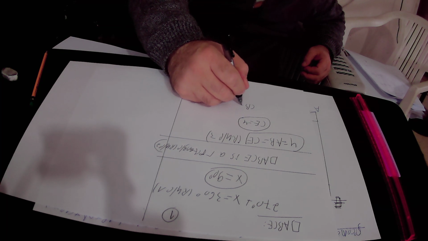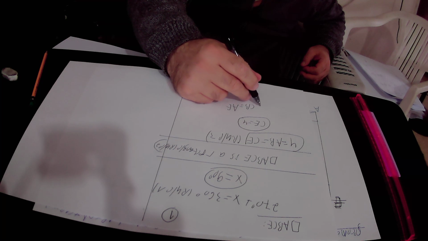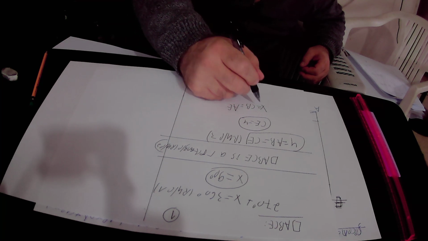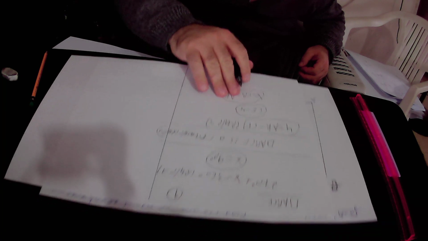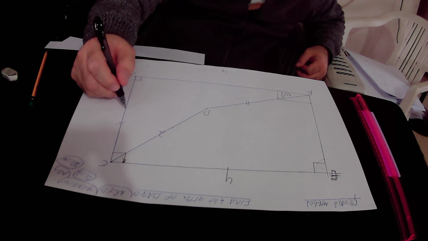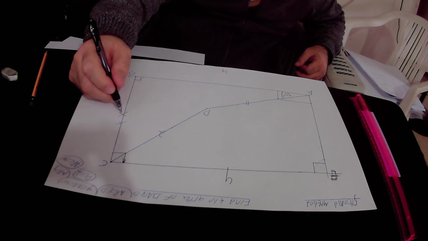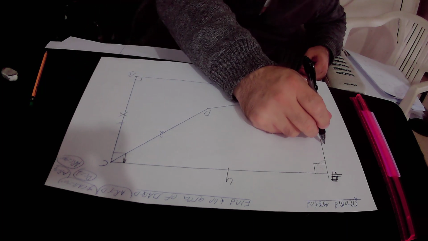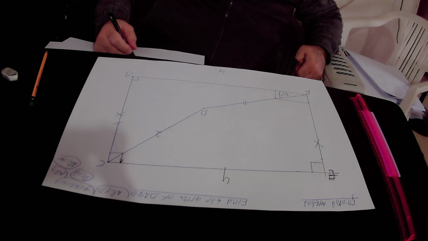And if we define CB as X, then AE also equals X. So CB equals X according to our definition, and therefore AE will also be equal to X, according to rule number 3, of course.